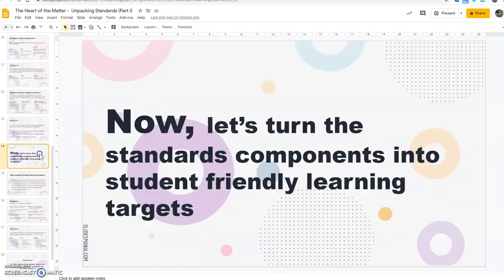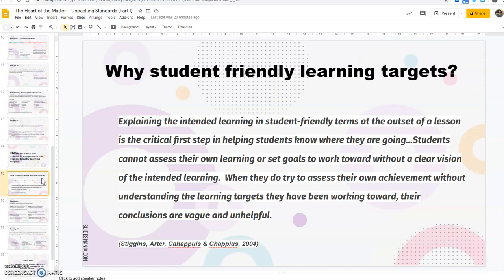Now, let's turn the learning targets that you've written from the standards components into student-friendly learning targets. So why do we need to do this? Well, explaining the intended learning in student-friendly terms at the beginning of a lesson is the critical first step in helping students know where they're going.